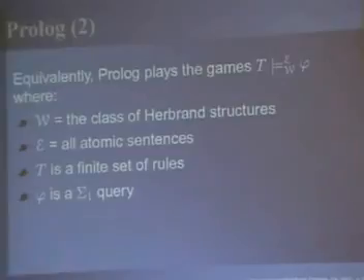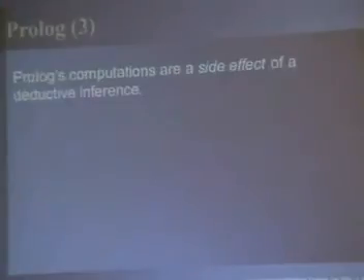Then you have a finite set of facts. So here the evidence is the set of atomic sentences. And you ask a sigma 1 query: does there exist an X, a Y, and a Z such that the formula holds?